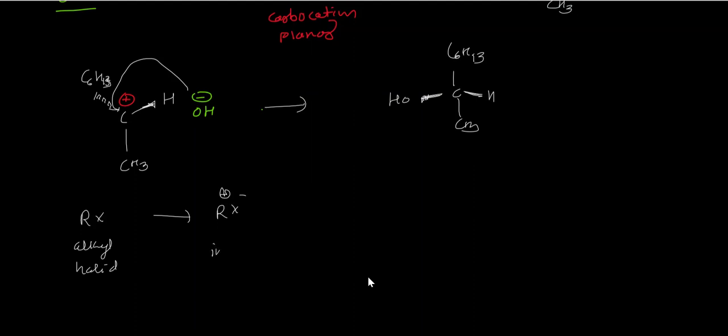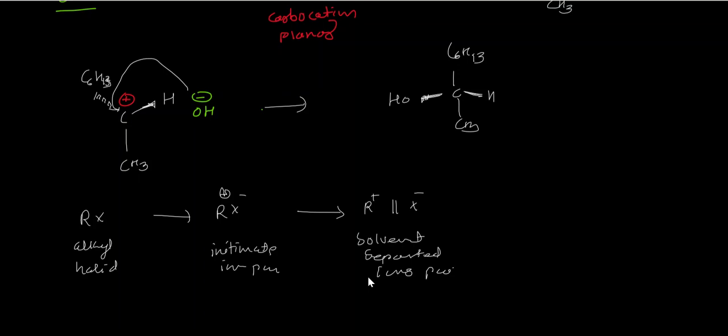So this is an intimate ion pair. Then solvent plays a very important role in this. So the solvent separates the ion pair, and due to this it creates a carbocation, right? And this is a free ion, a pre-ion.